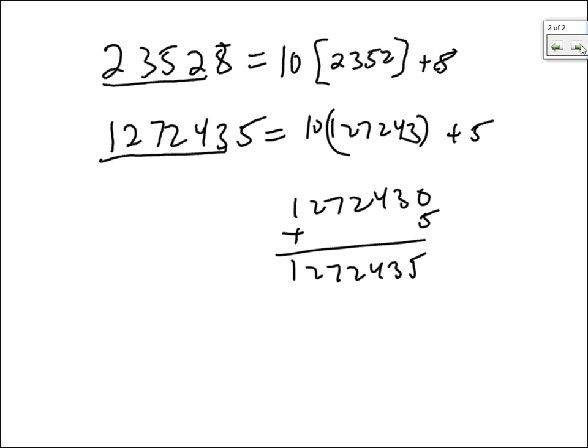You can always break off everything but the unit digit, multiply that by 10, and then add on the unit digit.